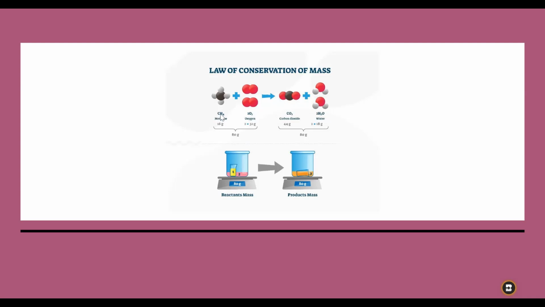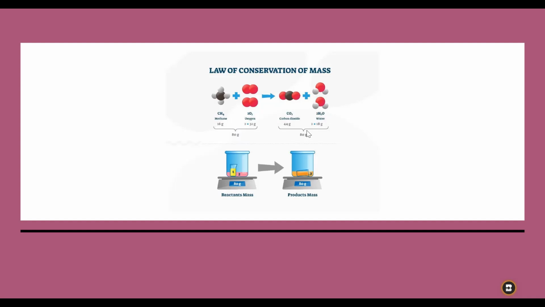The mass of CH4 is 16 grams. The mass of O2, which is all of this, is 2 times 32, so you add this together and it becomes 80 grams. Then you do the same thing here. The mass of CO2 is 44 grams. The mass of 2 sets of water is 2 times this. Then you end up with 80 grams.